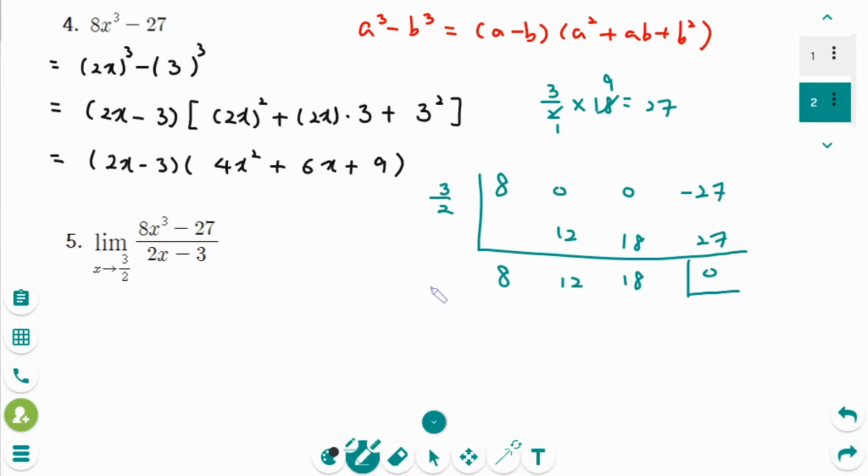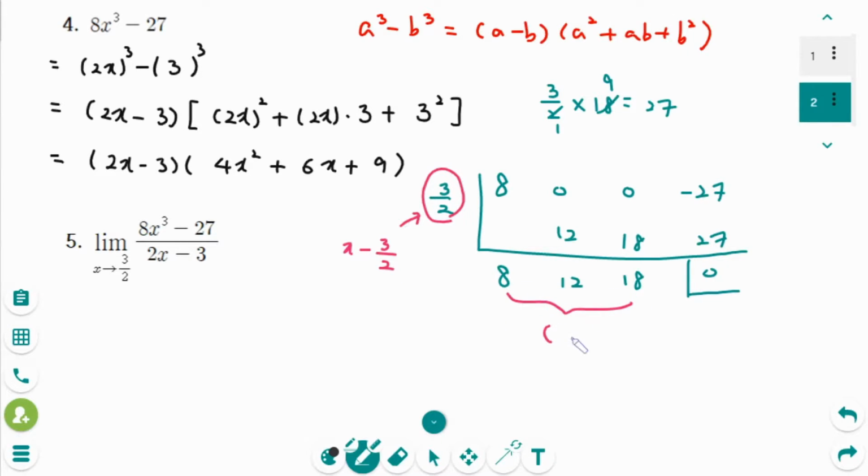But be careful, this one is difficult. 3 over 2 does not mean 2x minus 3. Rather, it means x minus 3 over 2. And then this one, 0.